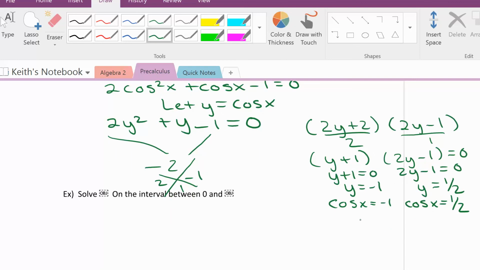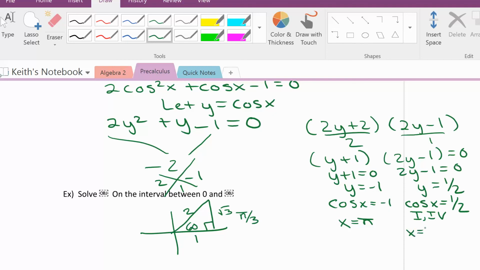Now, where is the cosine equal to negative 1? That is at pi, if you look on the unit circle. Cosine x equals 1/2. Well, that's either quadrant 1 or 4. And if the cosine is 1/2, that means, this is root 3, that means it's a 60-degree angle, or pi over 3.